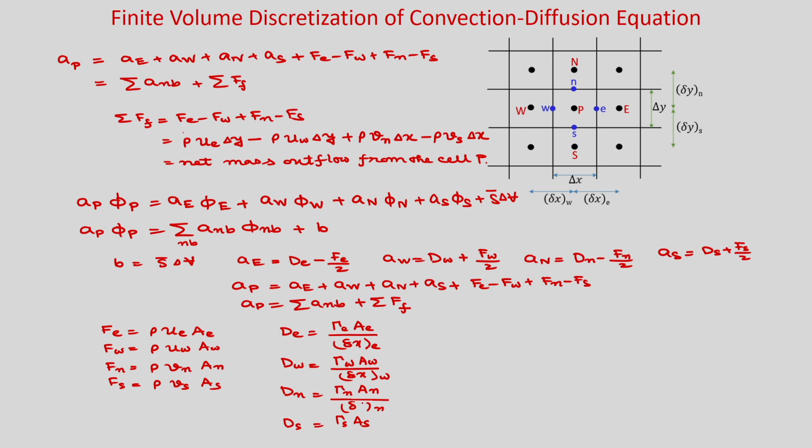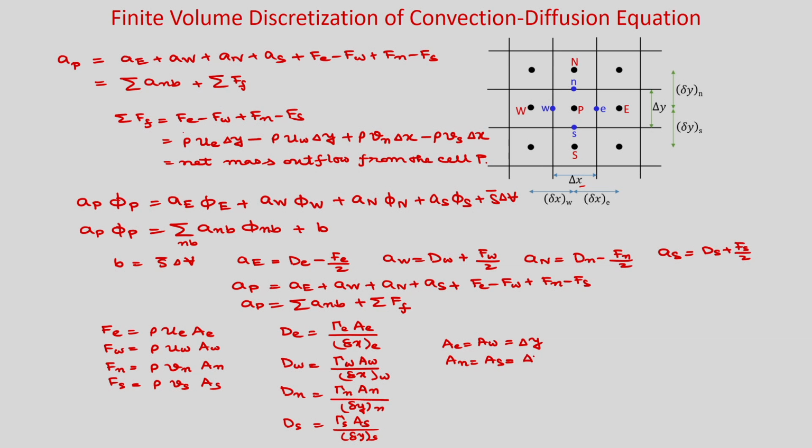Here Ae is equal to Aw, which is the surface area, so that is your delta Y, and A north is equal to A south, which is this distance, so it will be delta x.